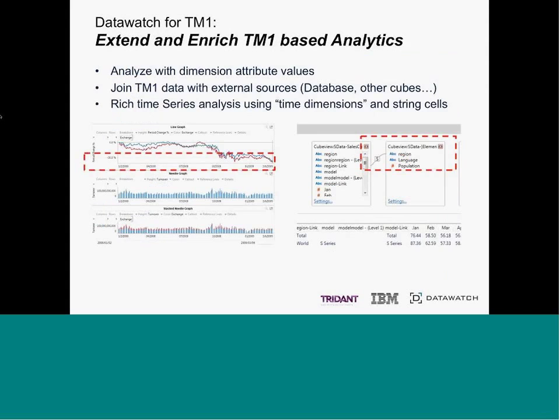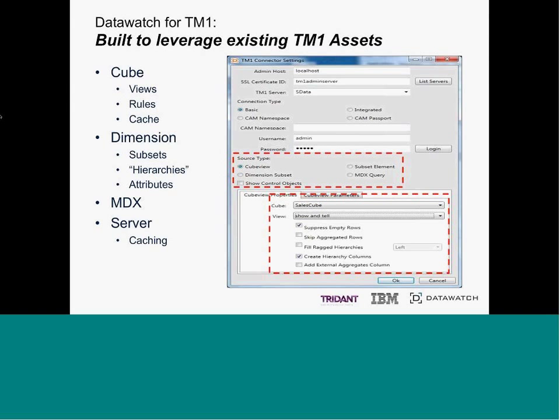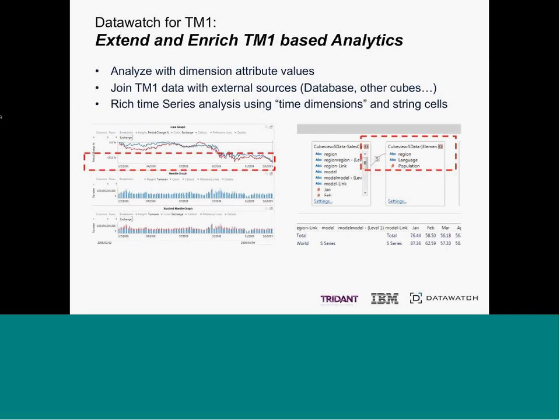This is just a picture of how we do understand the TM1 world we're focused on. Now, next slide, please. We go above and beyond visualization and reporting capabilities currently available for TM1. Just a couple of examples here.